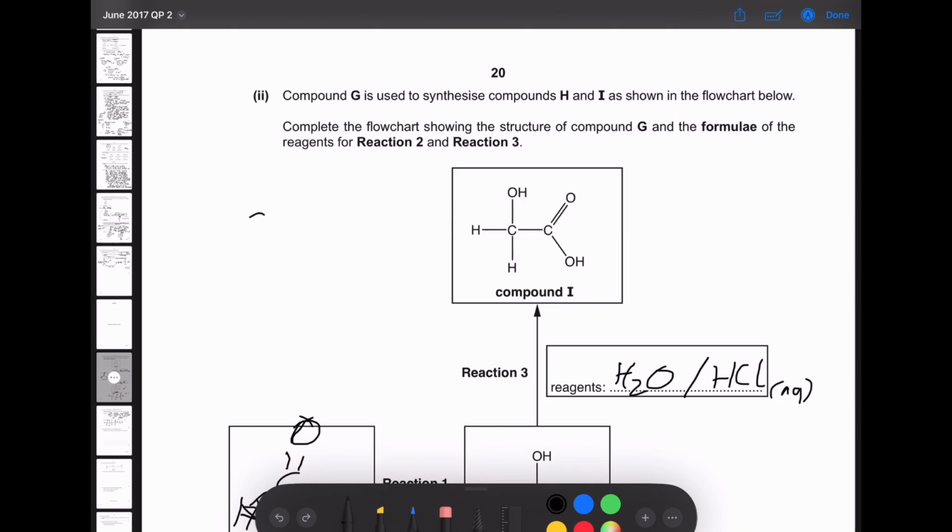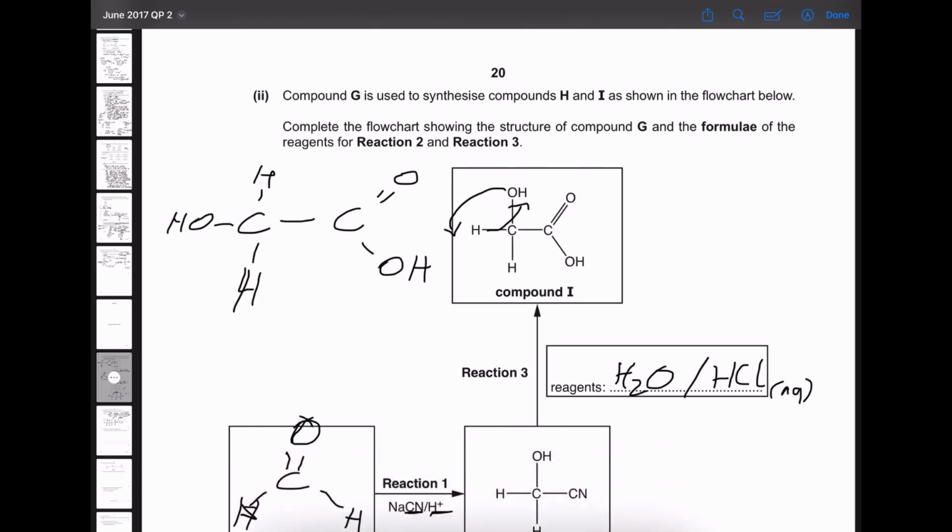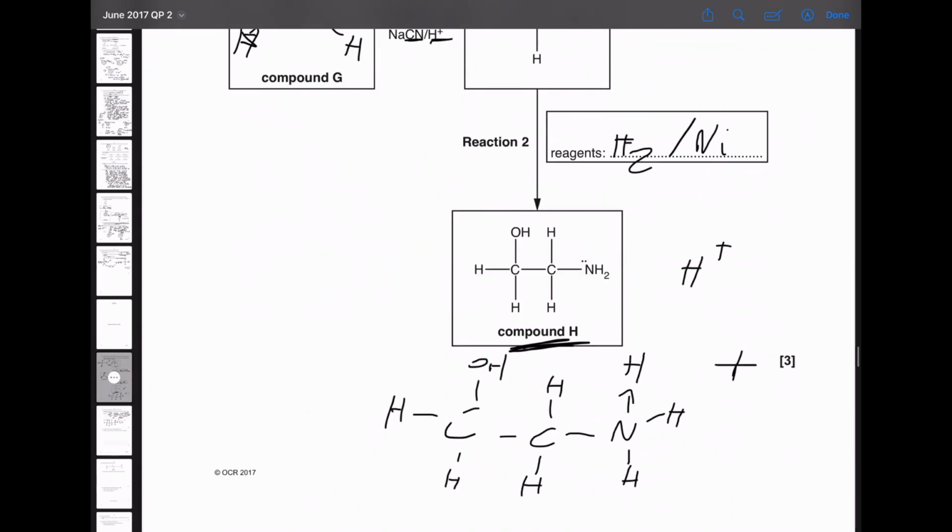So if I just redraw this so we know what we're looking at more easily, all I've done, by the way, is move this OH here and move this hydrogen here, and you're allowed to do that. That's called free rotation, and it can happen as long as you don't have a double bond. So if we do that, then we're drawing 2 repeat units of it.